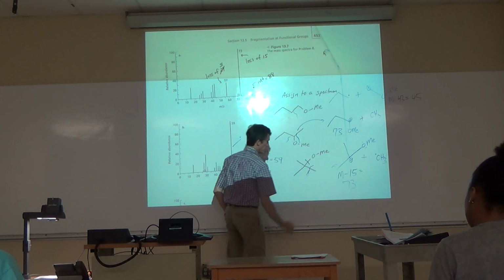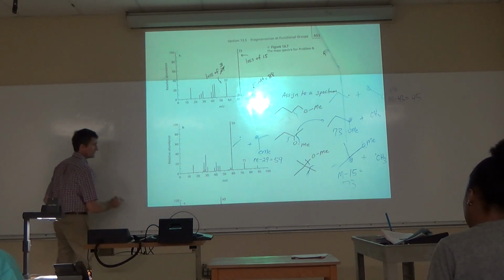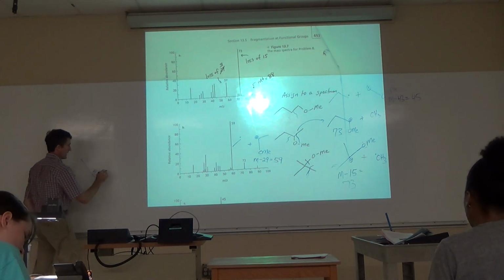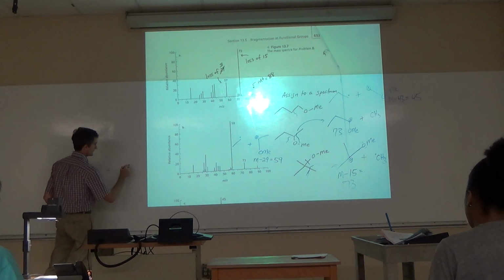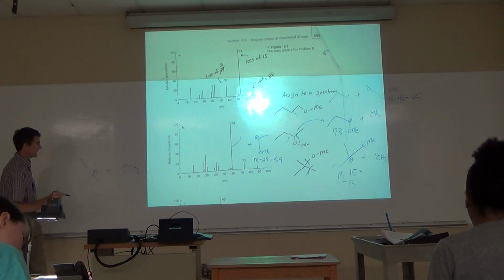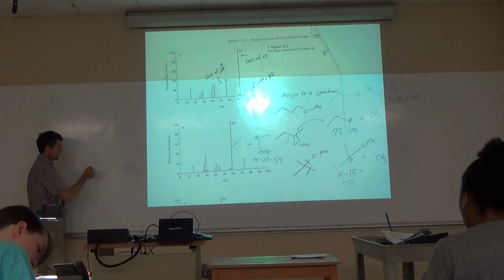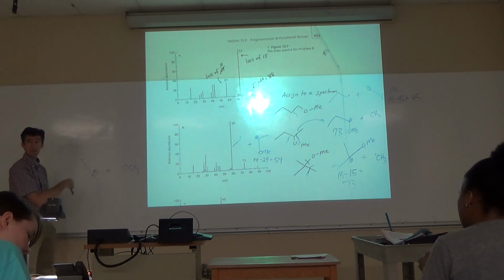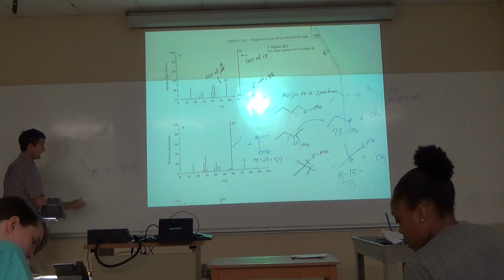We can cleave here, and that leaves a cation over here and makes an oxygen radical. Cleavage of a radical cation gives a radical cation, and we can see this cation being formed. Why? What's so good about that cation? It's tertiary.